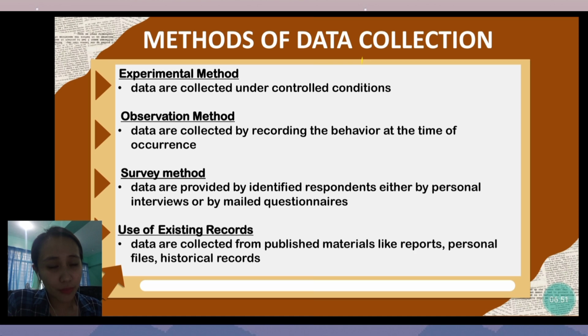Next we have the observation method. Data are collected by recording the behavior at the time of occurrence. The observation method can actually be applied also in your science subjects. There are certain experiments wherein they place certain animals in certain conditions, and they observe how the animals react under those given circumstances.